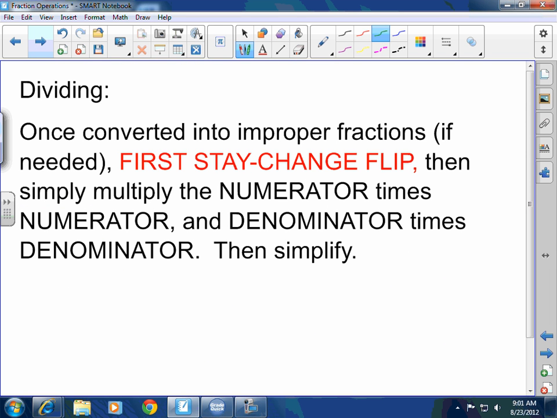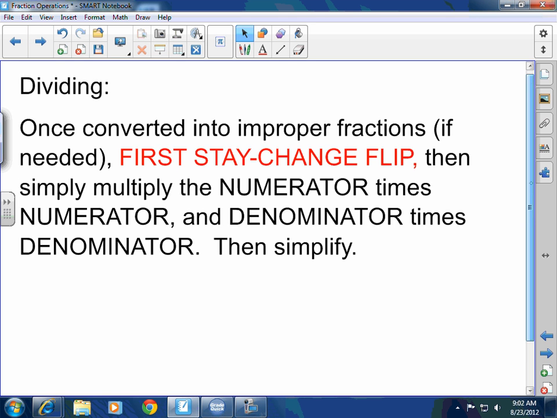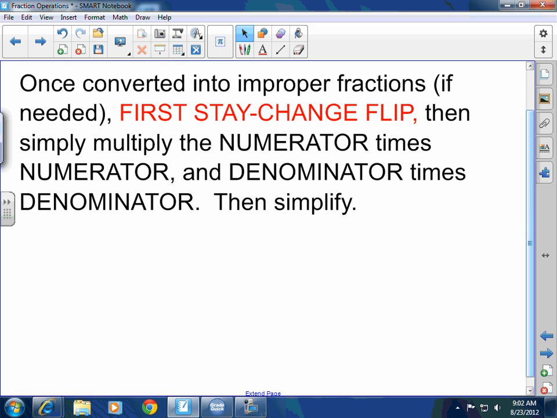Now, dividing. Once converted into improper fractions, if needed once again, you first do stay, change, flip. Then simply multiply the numerator times the numerator and denominator times denominator. Now, let me explain this stay, change, flip thing, okay?